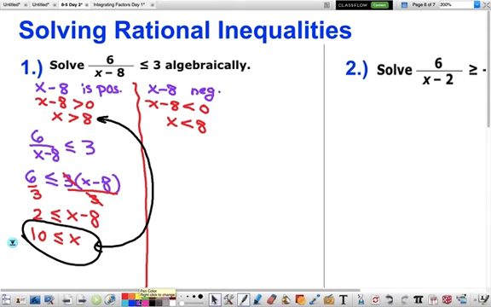And now we have to deal with when x minus 8 is negative. It's the same process, so let's set it up. 6 divided by x minus 8, less than or equal to 3. But now what happens when I multiply by the denominator? Yes. So I would star this step right here. The sign is going to flip. 6 is greater than or equal to 3 times x minus 8.